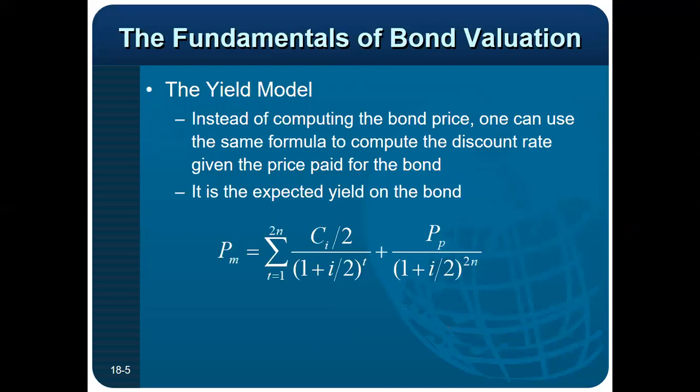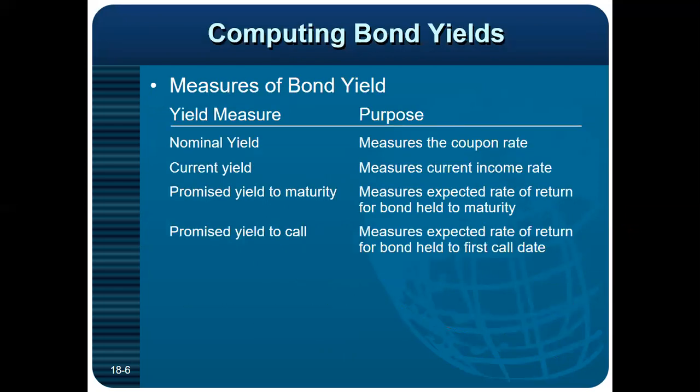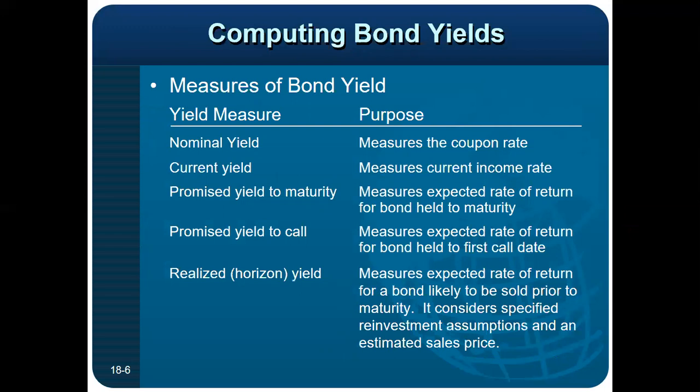Instead of computing the bond price, one can use the same formula to compute the discount rate given the price for the bond. These are the different names of yield measures. The nominal yield measures the coupon rate. Current yield measures the current income rate. Promised yield to maturity measures the expected rate of return for a bond held to maturity.